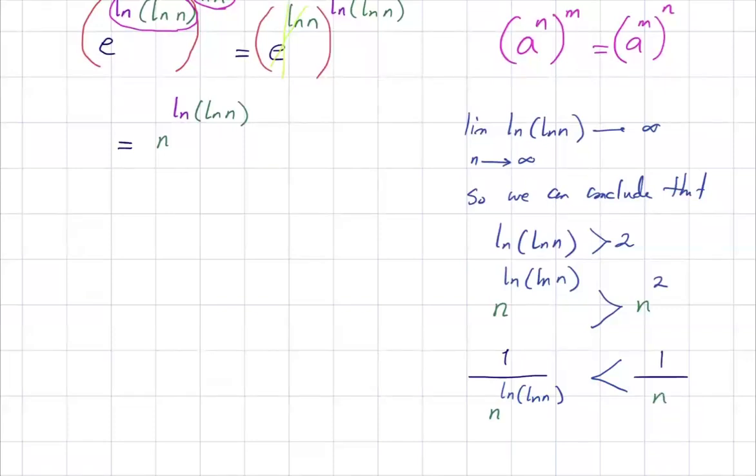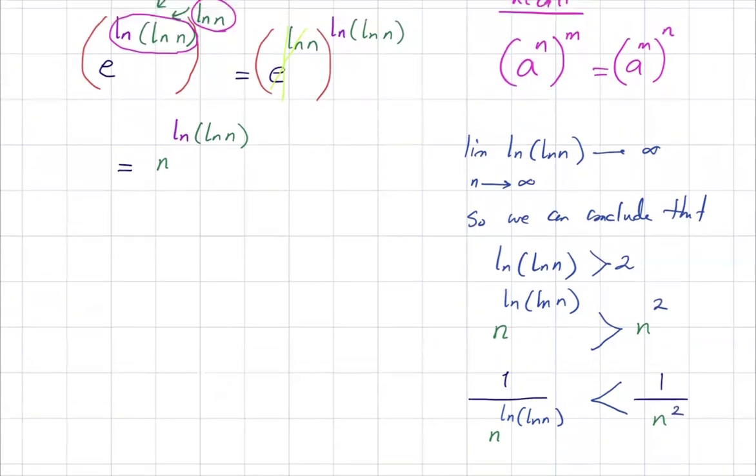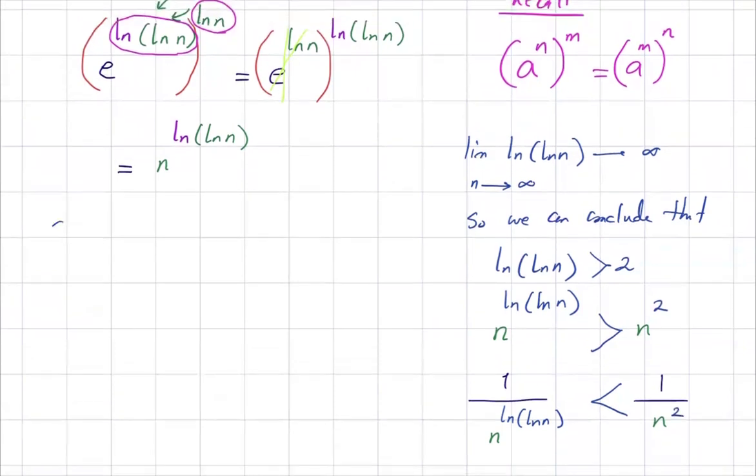So what we showed so far is that ln of n to power ln of n can be written as n to power ln of n.